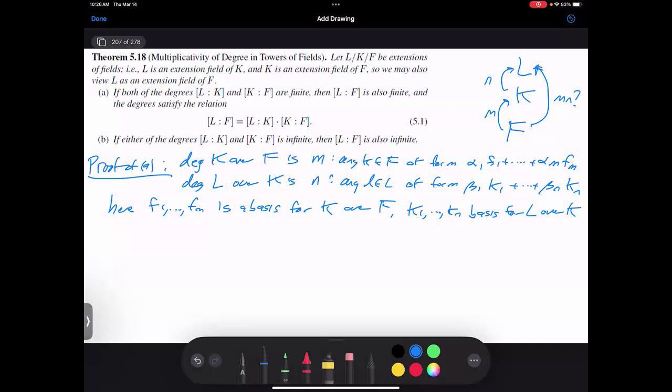Where do they come from? They come from F. So here, the alphas are in F. Where are the betas? So where do the betas live?